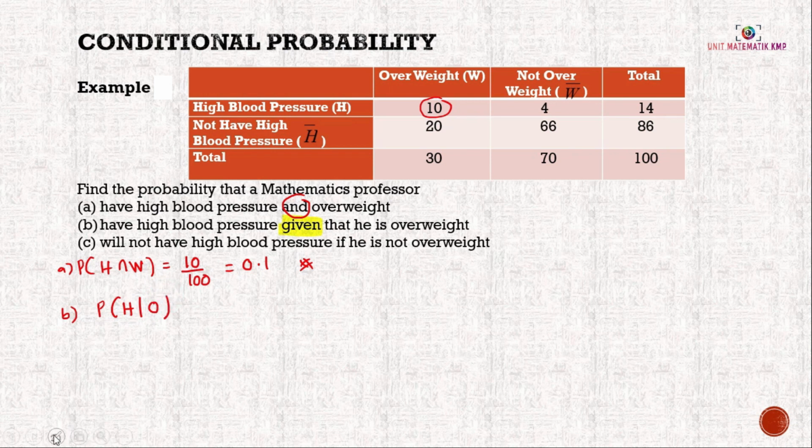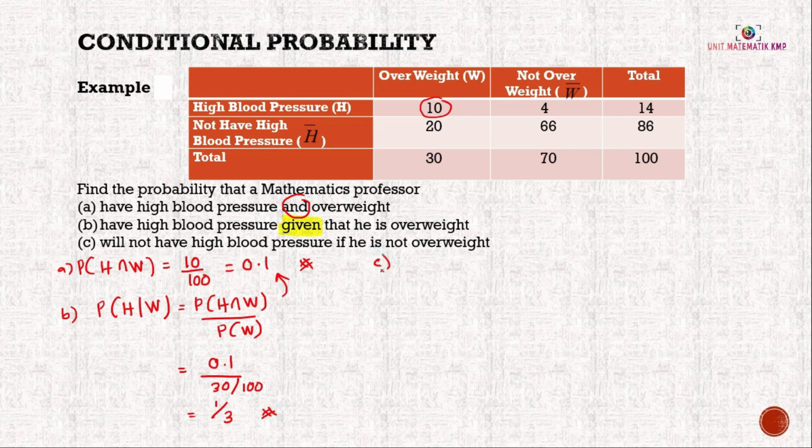Overweight, oh sorry, dia guna W. So use the formula probability of H intercept W divided by probability of W. So H intercept W is from the first part, 0.1, divided by probability of overweight, which is 30 over 100. So simplify our answer, we can get 1 over 3.